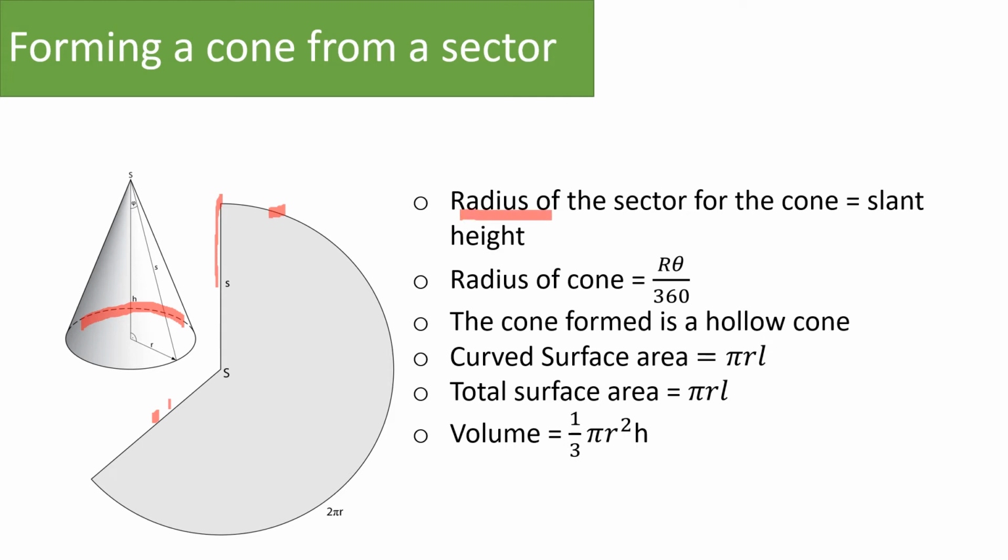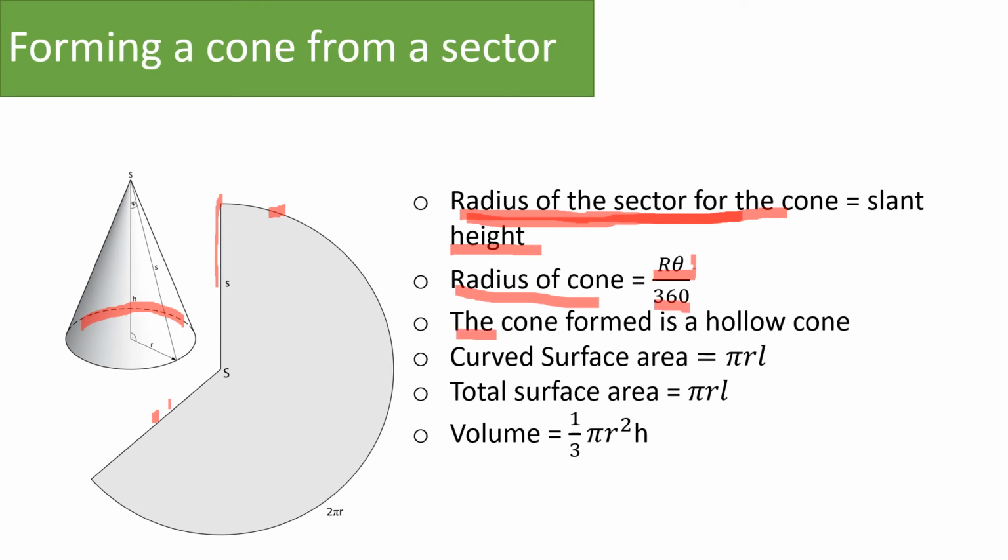So the radius of the sector given in the question is equal to the slant height of the cone. So you should know that the radius of the sector is equal to the slant height of the cone, and the radius of the cone is given by the radius of the sector, which is big R, times theta, the angle that subtends the sector, over 360.